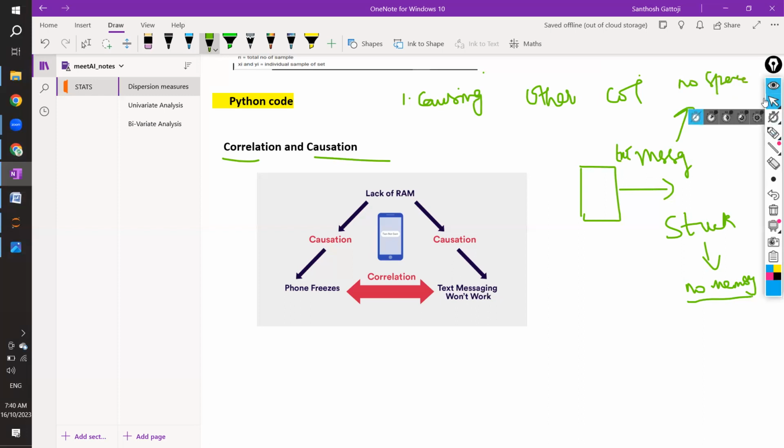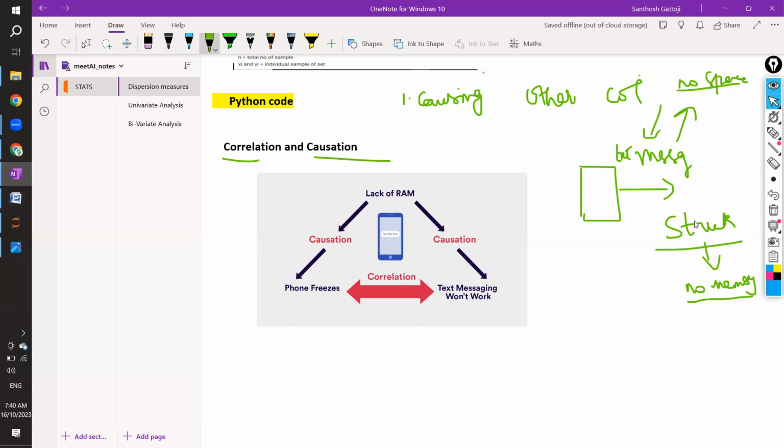So this no space issue is causing this problem. What problem? The phone is getting stuck.